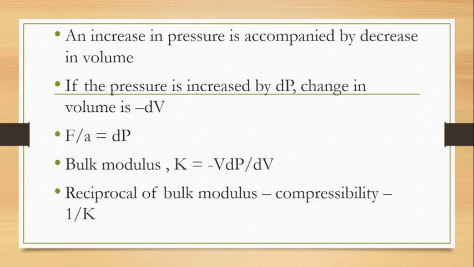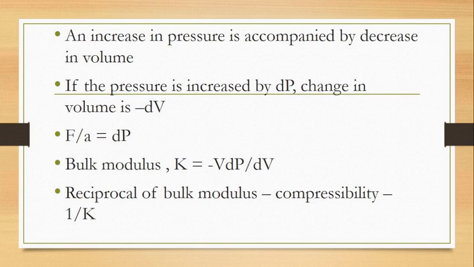So the expression will be bulk modulus K is equal to minus V into dP by dV. So that is another expression for bulk modulus, where K is equal to minus V into dP by dV.